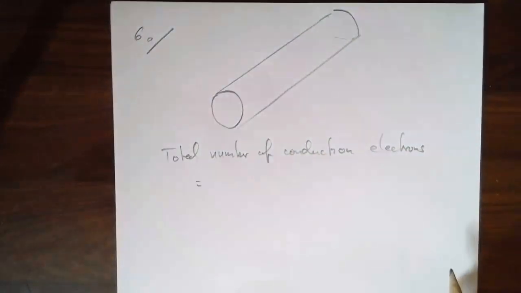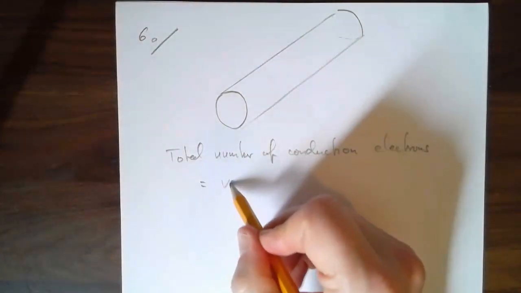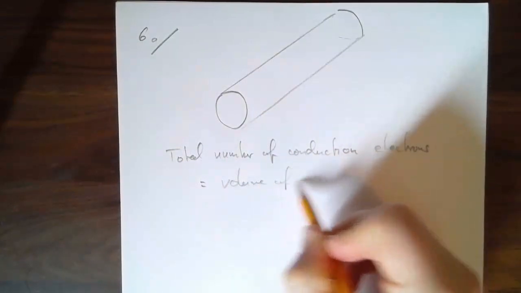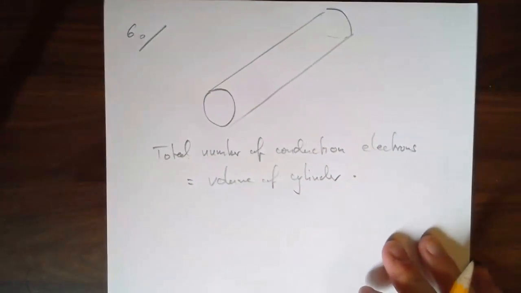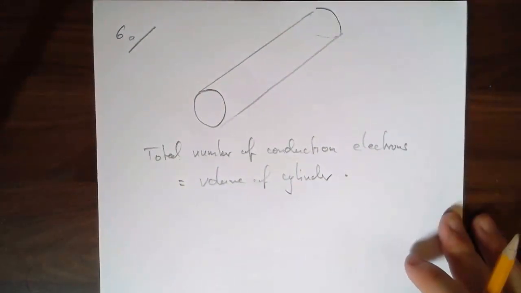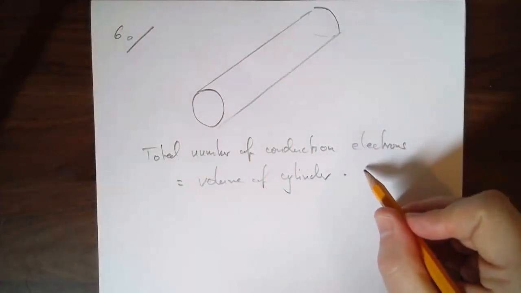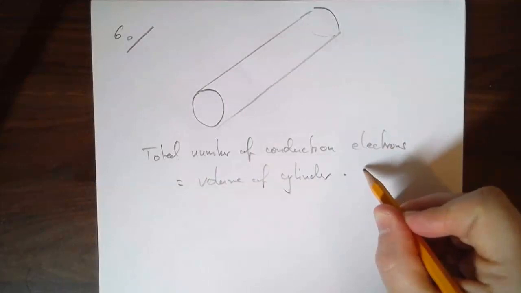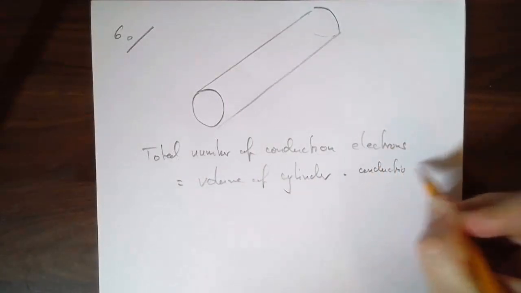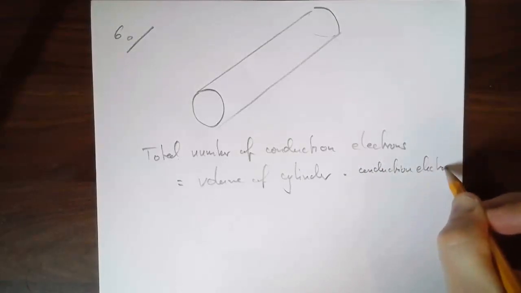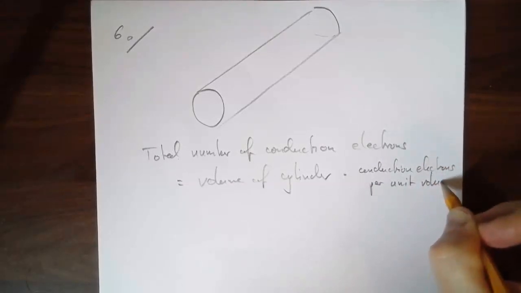One way we can express this, which is going to be useful, is we take the volume of the cylinder and multiply this by the conduction electrons per unit volume, right?